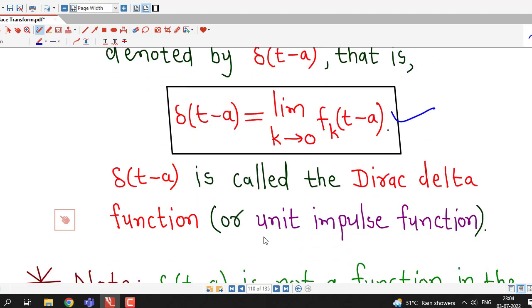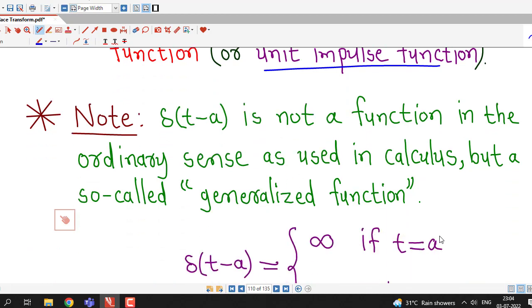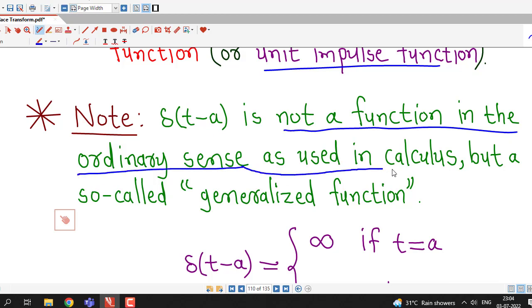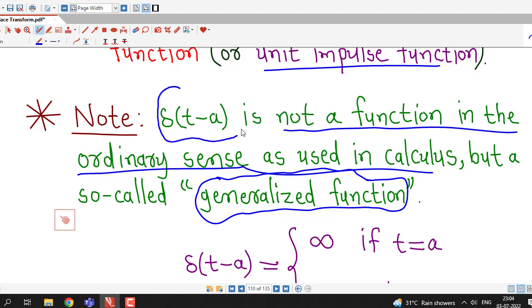Dirac delta function is also known as unit impulse function. And remember, this Dirac delta function is not a function in the ordinary sense as we consider in calculus, but it is a so-called generalized function.